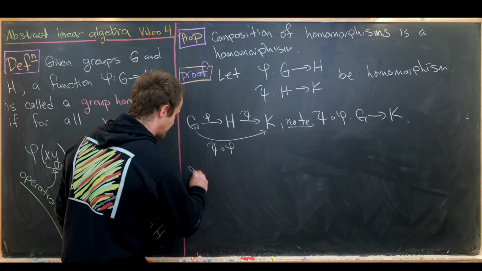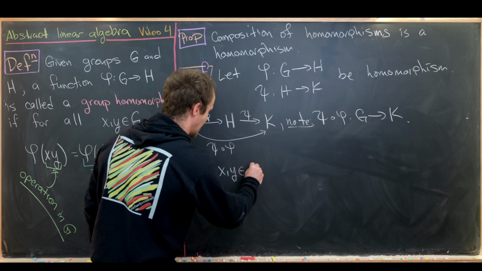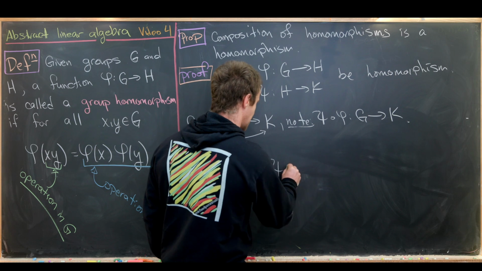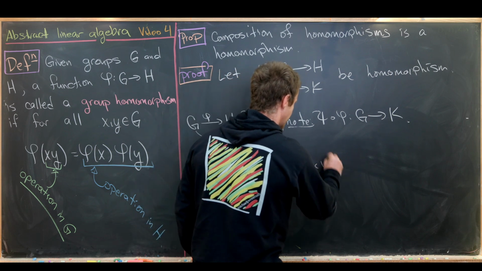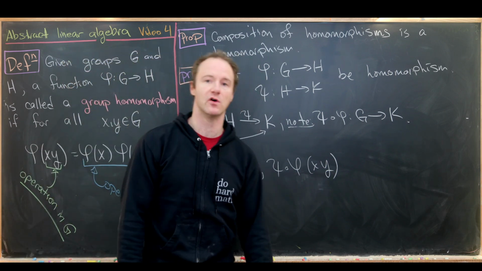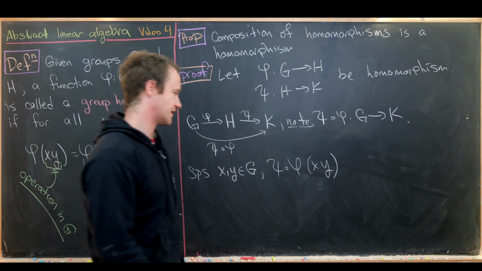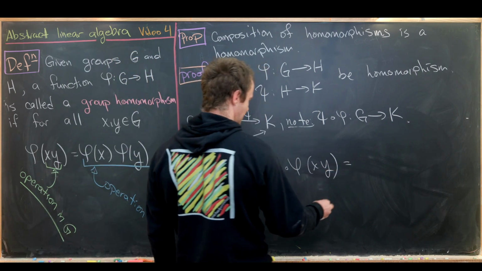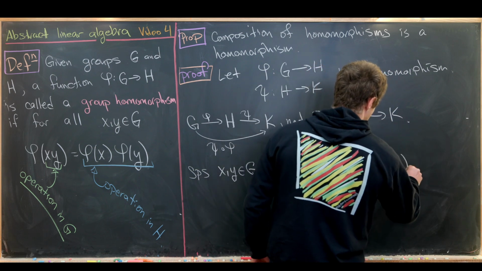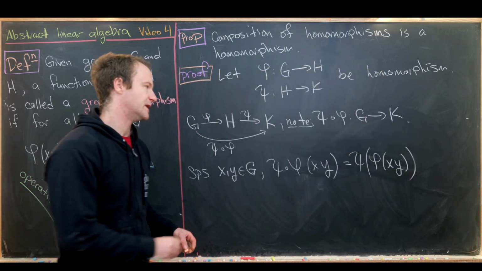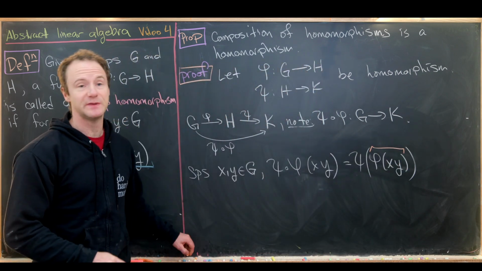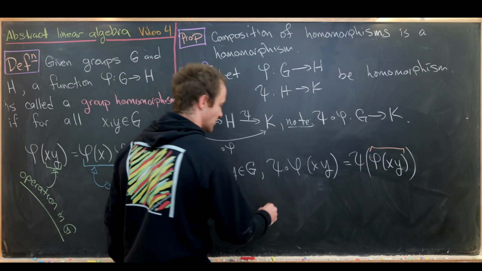Okay, so let's suppose that x and y are in G. And then let's calculate psi composed with phi evaluated at x times y and see if we can factor it out so that we do have a homomorphism by this definition over here. By the definition of composition, this is psi of phi of xy. Good. But now we can work inside of psi to break that into 2 pieces using the fact that phi is a homomorphism.